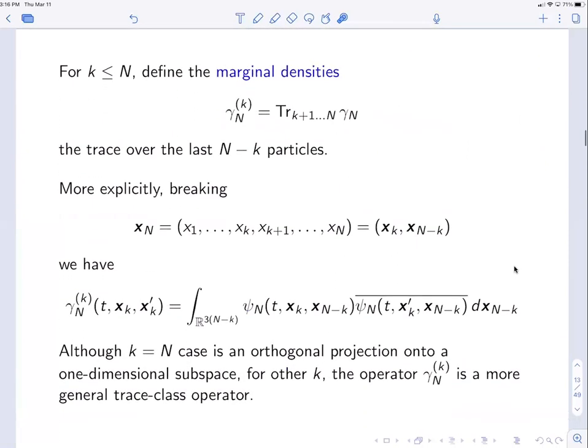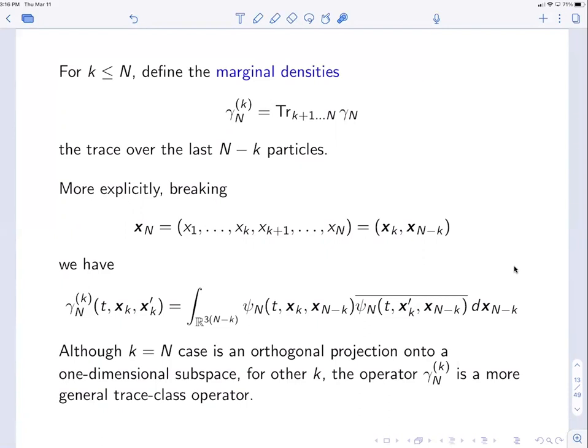And then we also need to look at the marginal densities. The marginal densities are obtained by taking the N density and taking the trace over the last N minus k particles. So for a fixed k, we trace over the last N minus k particles. More explicitly, we take boldface x_N, the N-tuple of components from x_1 to x_N, and break it into the piece for the first k, which is just boldface x_k, and the last N minus k are grouped into boldface x_{N-k}.